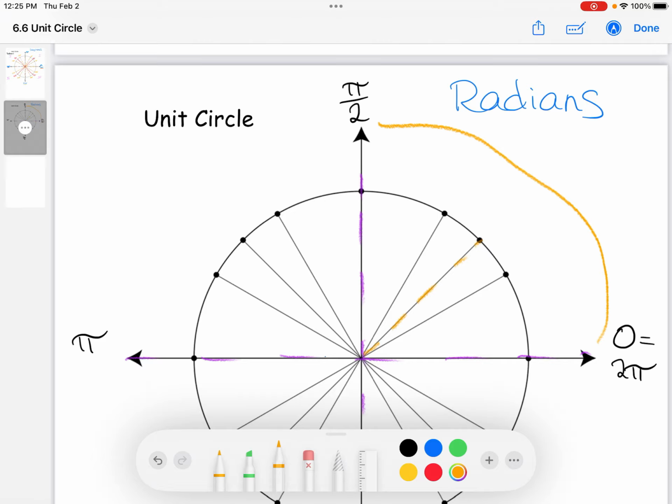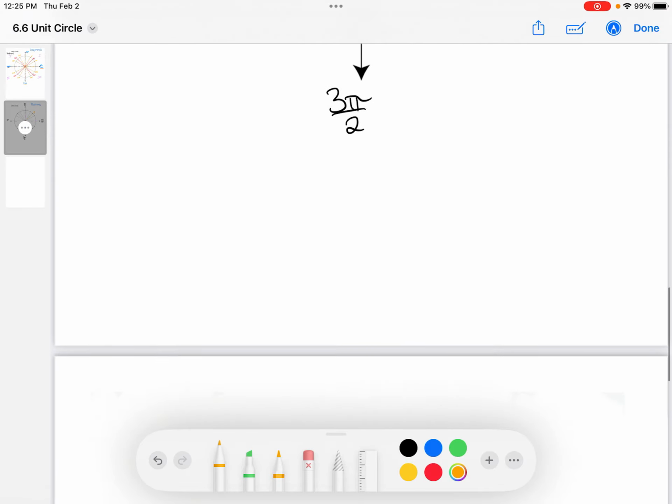Well, half of half is a fourth. So this first spoke is pi over 4. And each spoke after that is going to be counted by pi over 4. So here's what we mean.